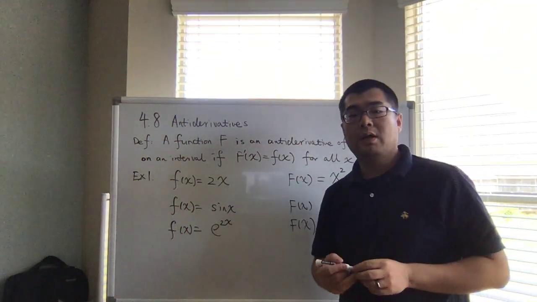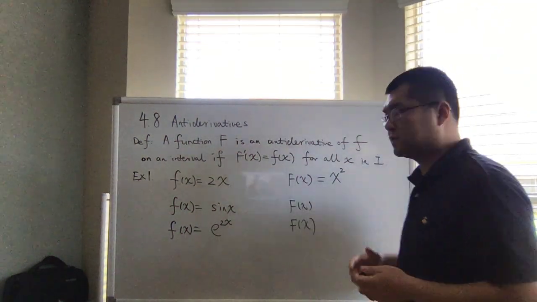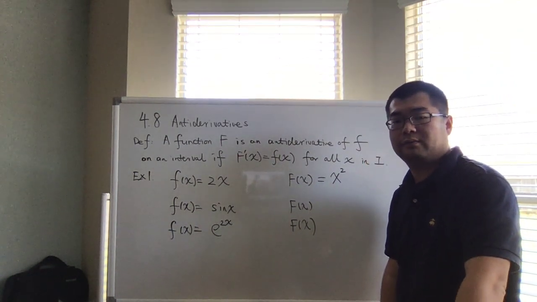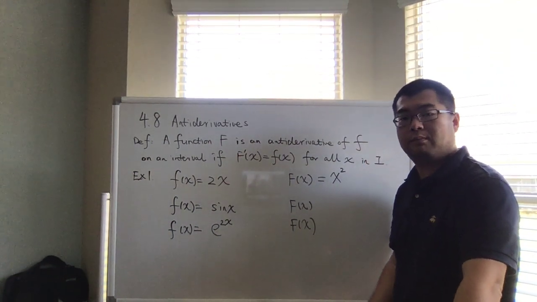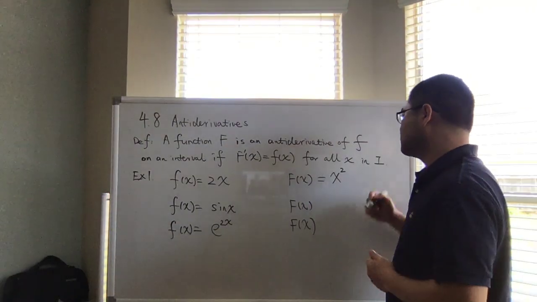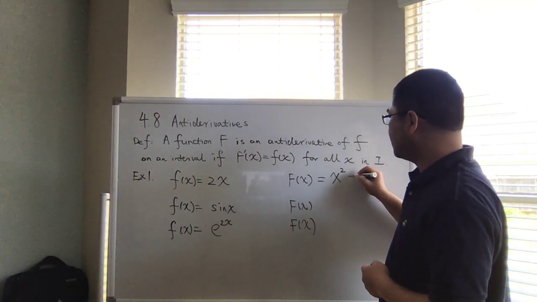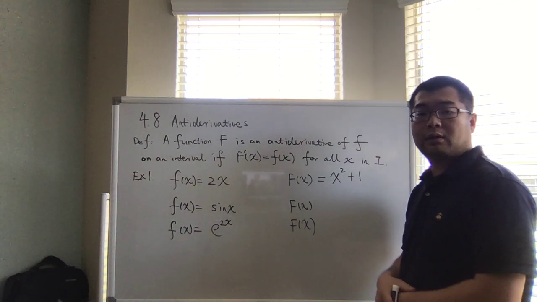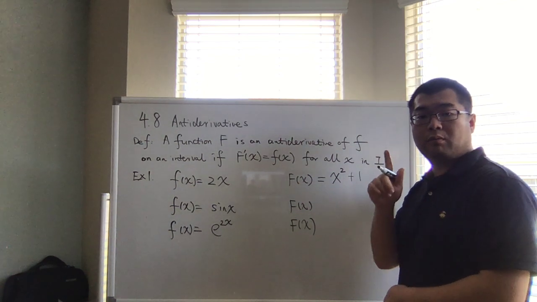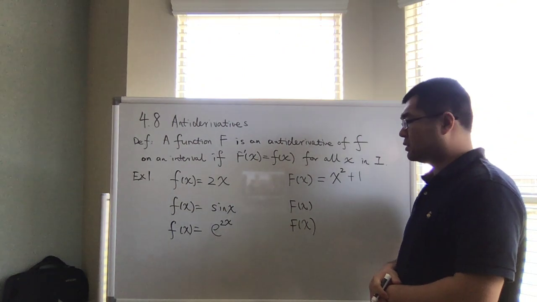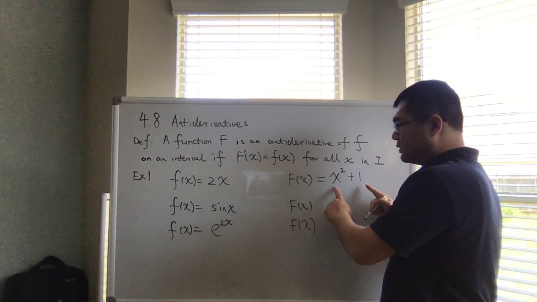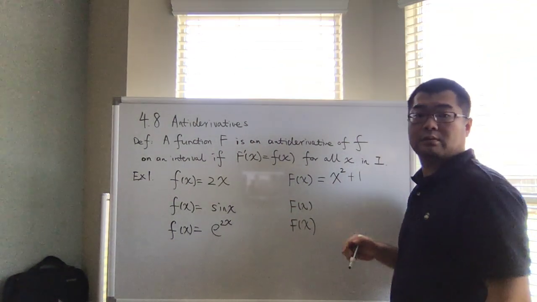But is capital F(x) equals x squared the only antiderivative? Maybe not. Why? Let's do this. Do you all agree that if I add a constant number 1 and we take the derivative of this, do you see that it still goes back to 2x?